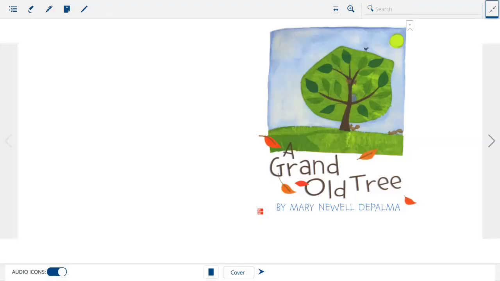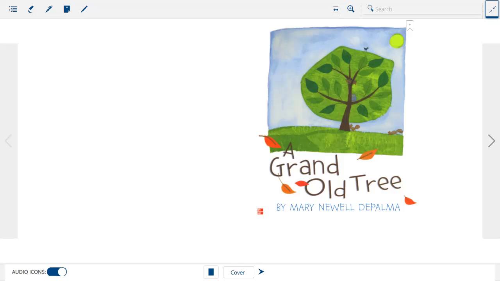Knowing the main topic of a selection will help you better understand the text. Sometimes it might not make sense to you as you're listening or reading. So you can reread or read again, and that will help you better understand the text.